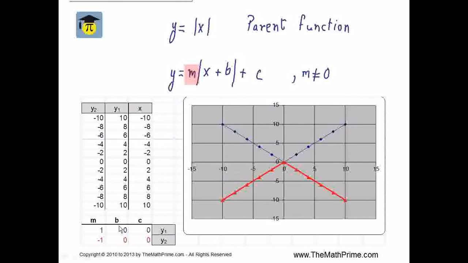In this example, we have taken a negative value of M, -1. The red graph again represents the value of M equal to -1, and the blue graph represents the parent function. The two functions are mirror images of each other.